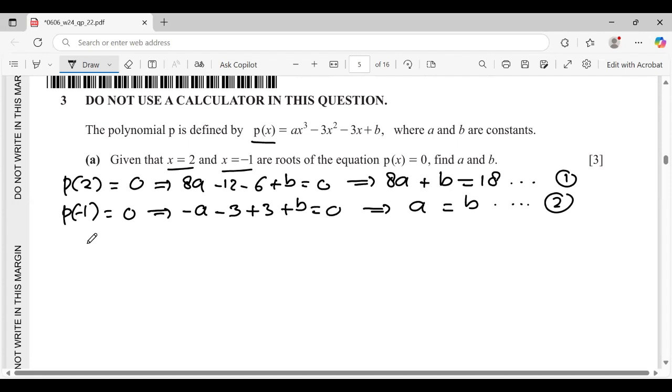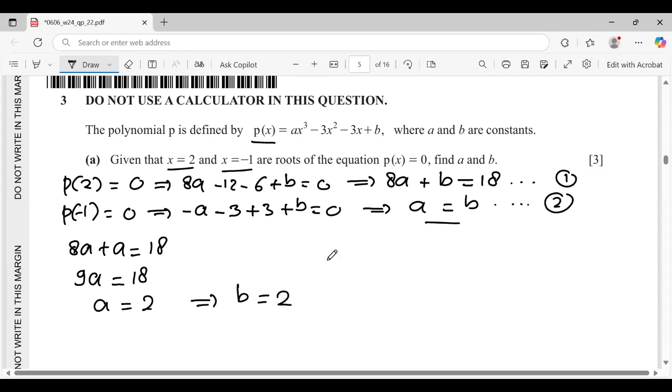The first equation becomes 8a plus a equals 18. So it means 9a equals 18 and a equals 18 divided by 9 equals 2. If a equals 2, based on this information, it means b equals 2.